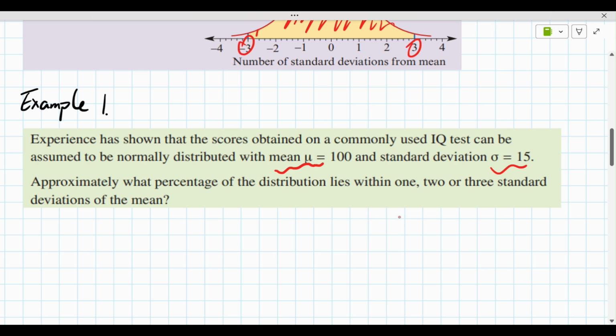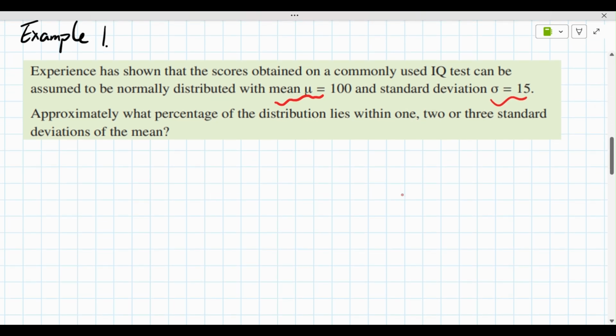So approximately what percentage of the distribution is within one, two, or three standard deviations of the mean? First things first, we can have a look at the first one. Since the mean is 100 and the standard deviation is 15.